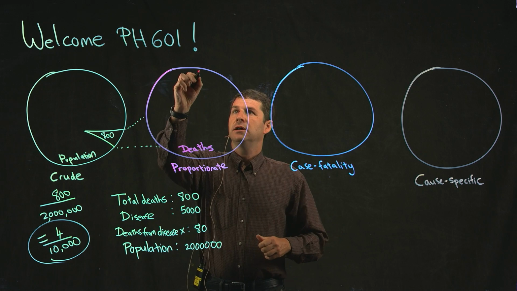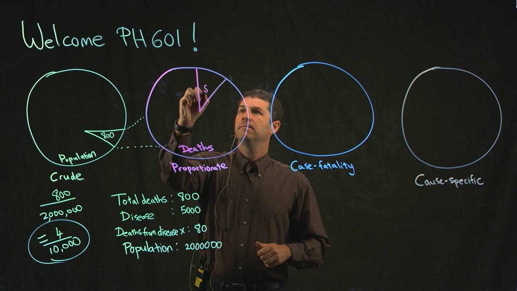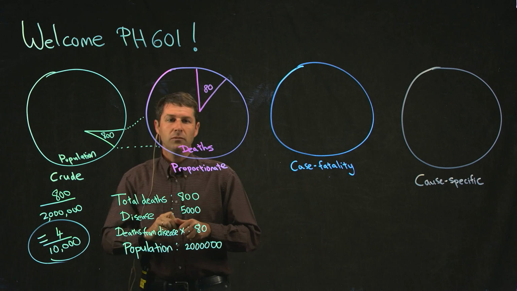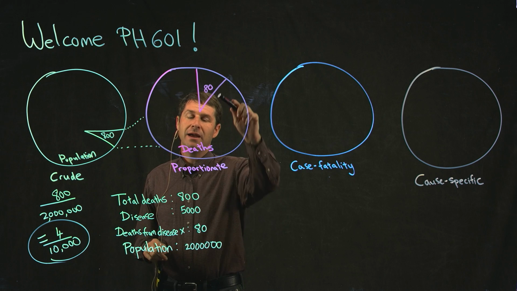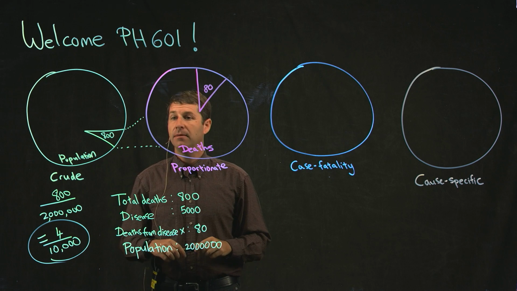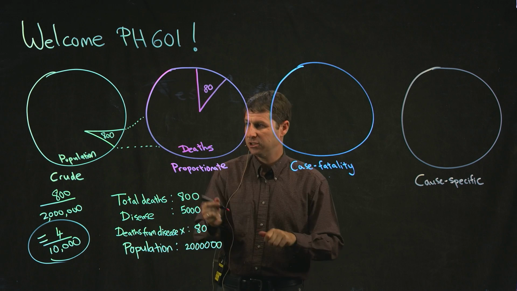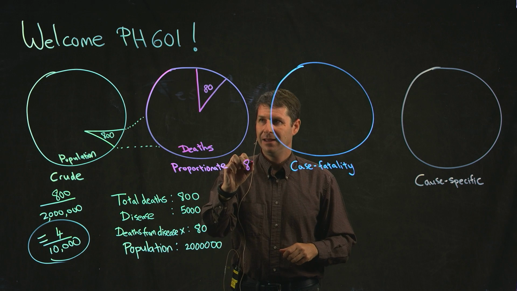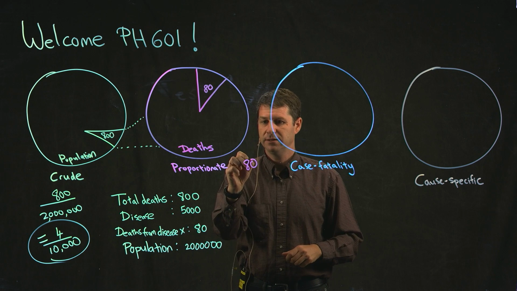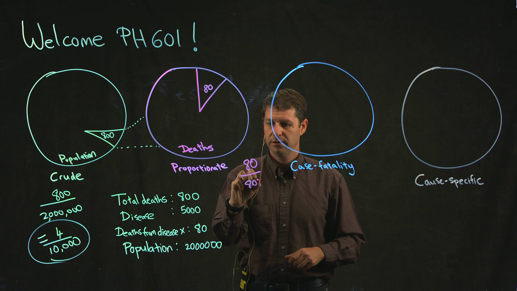So again, let's try to get a little pie. Here are 80. And so we could say that our proportion mortality from disease X is just our 80 over our total number of deaths, which in this case is our 800.